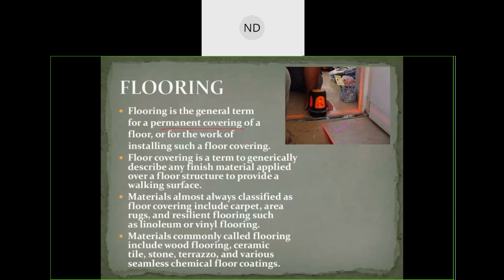So floor covering is a term to generically describe any finished material applied over a floor structure to provide a working surface. Okay, understood, simple. Then we have materials.